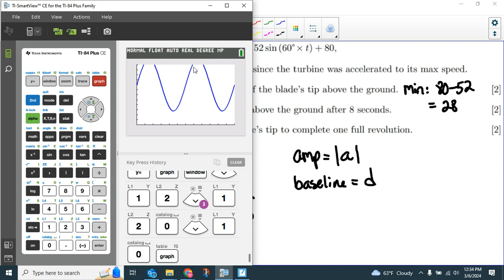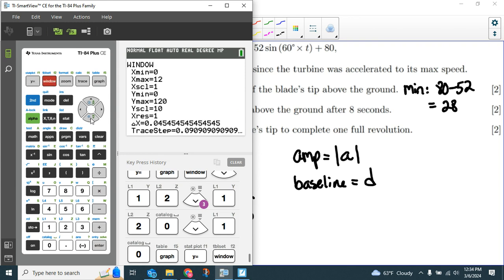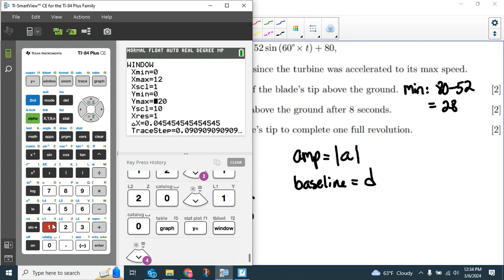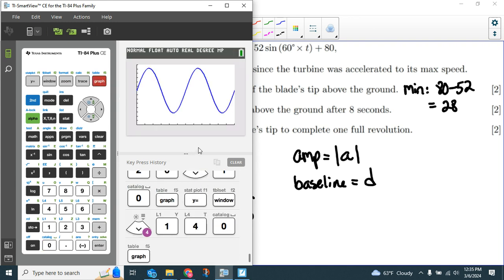Okay, so I still didn't quite get the top, right? So I'm going to want to go a little bit higher here. Whoops. So 120 isn't going to cut it. I'll say 140. Well, 80 is going to be the middle of this graph, right? So if you want to see the whole thing, you're going to have to go higher.